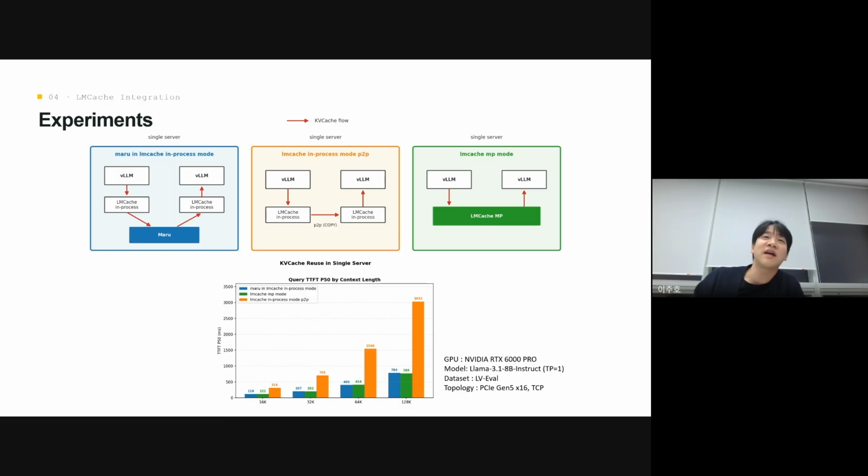The core engine is based in our open source project, and we integrated it to LMCache. We can also integrate directly to vLLM or similar. But we first tried to integrate to LMCache because, as you know, it is the most popular open source KV cache offloading system.